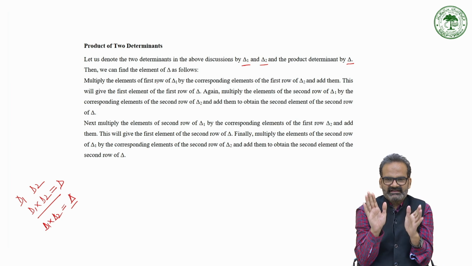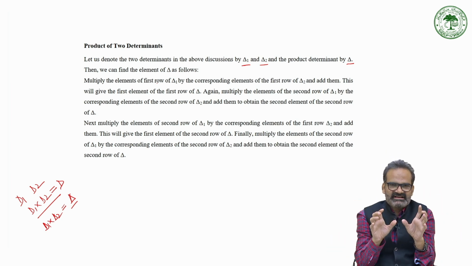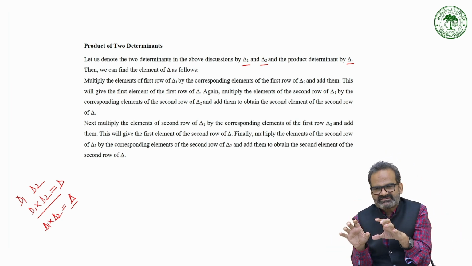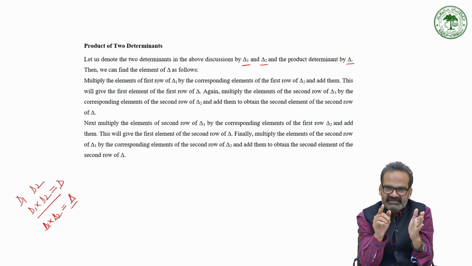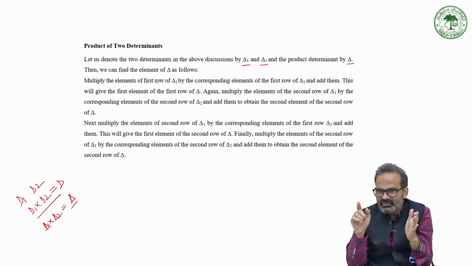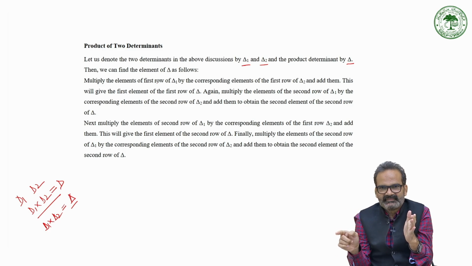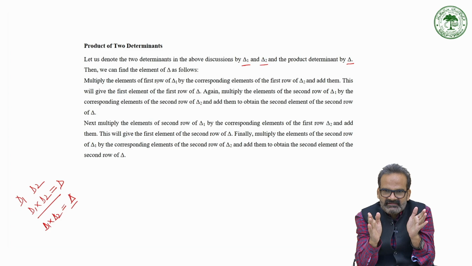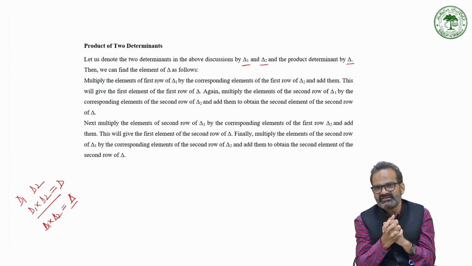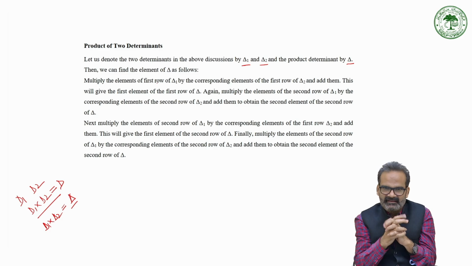There is a very basic difference between multiplication of two matrices and multiplication of two determinants. In case of matrices, rows of the first matrix are always multiplied with the columns of the second matrix. But here, rows of the first determinant must be multiplied with the rows of the second determinant, right?